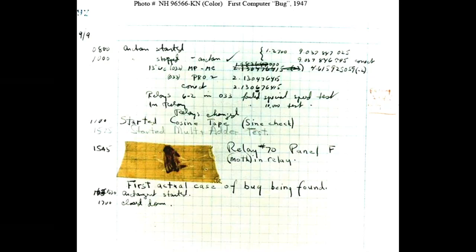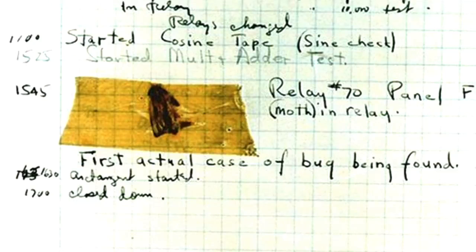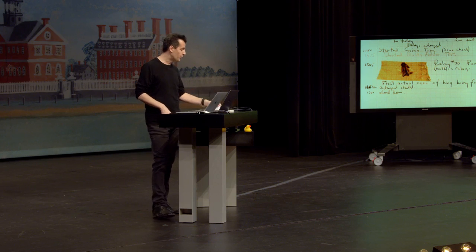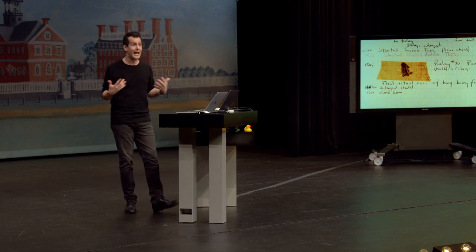The computer was having problems. And sure enough, when the engineers took a look inside of this big mainframe computer, there was actually a bug pictured here and taped to Grace Hopper's notebook. So this wasn't necessarily the first use of the term bug, but it is a very well-known example of an actual bug in an actual computer. Nowadays, we speak a little more metaphorically that a bug is just a mistake in one's program.